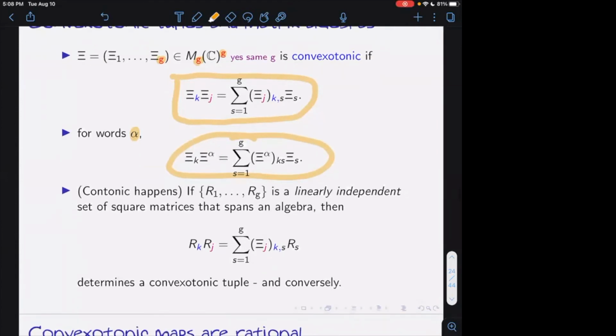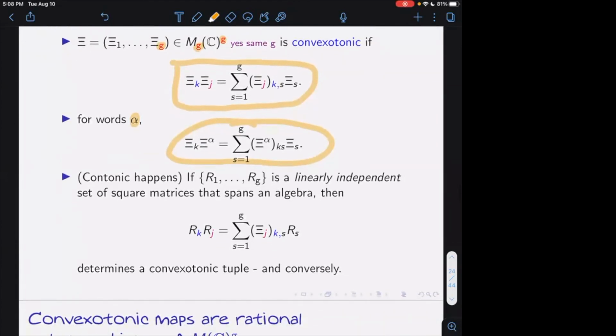And then the thing to observe is that if you have a tuple of square matrices that spans an algebra, then these coefficients here, maybe you call them the structure constants, form a convexitonic tuple.